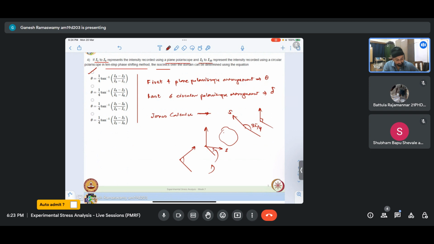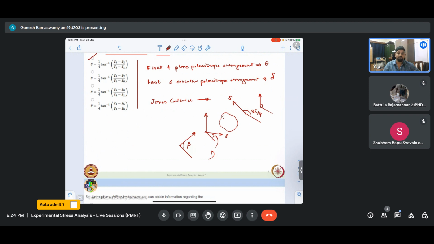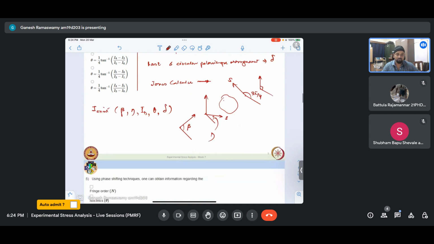We do the Jones calculus analysis and obtain the exit light intensity as functions of beta and eta, along with theta, background light intensity, and delta. The idea is to add or subtract using basic trigonometric equations to eliminate all the others except theta.